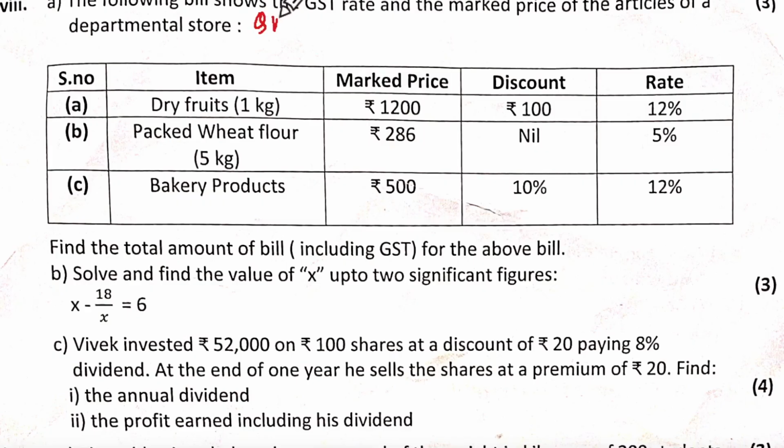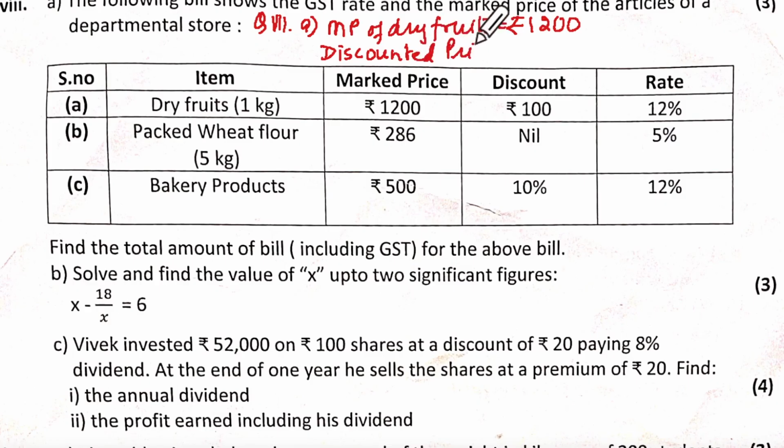So question number 8, your solution is in front of you, right? So you have the mark price of A, dry fruits, is rupees 1200, and then the discounted price is going to be equal to 1200 minus 100, correct, which is going to be equal to rupees 1100.